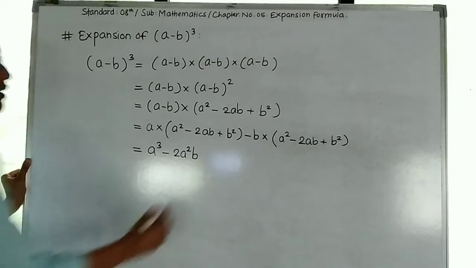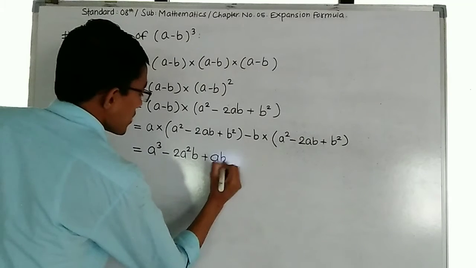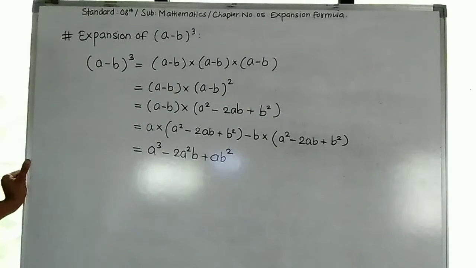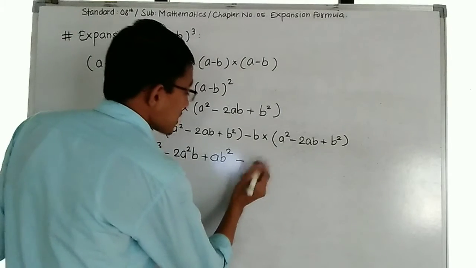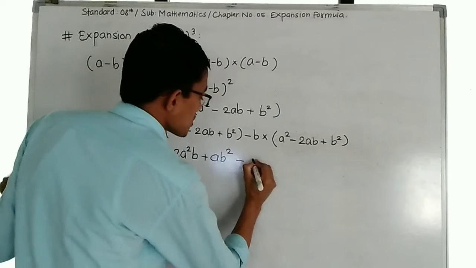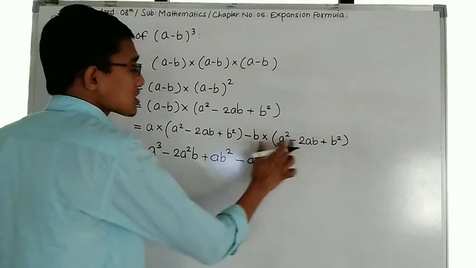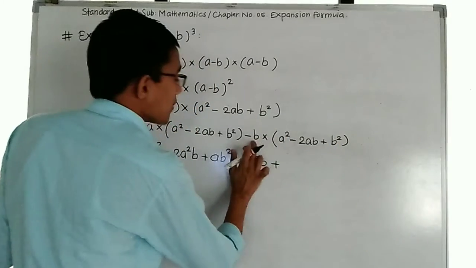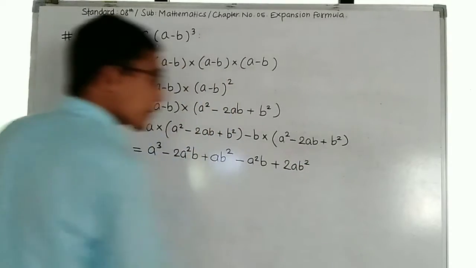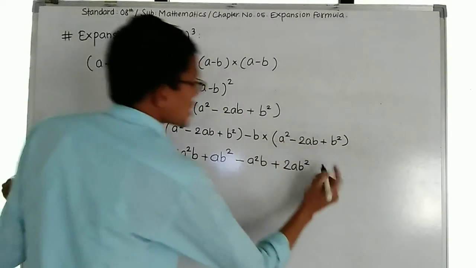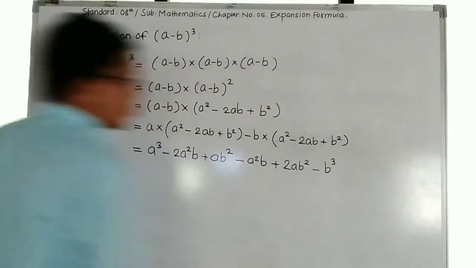Then plus into plus becomes plus, a into b square is ab square. Then minus into plus becomes minus, and b into a square is a square b. Then minus into minus becomes plus, and b into 2ab is 2ab square. Minus into plus becomes minus, and b into b square is nothing but b cube.